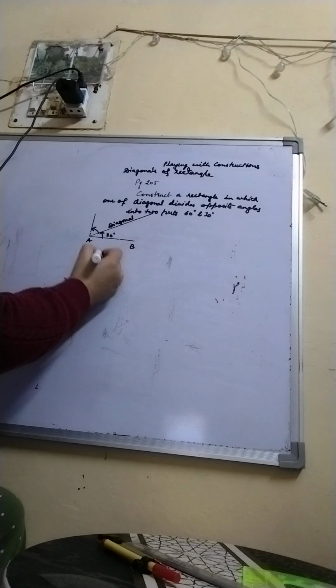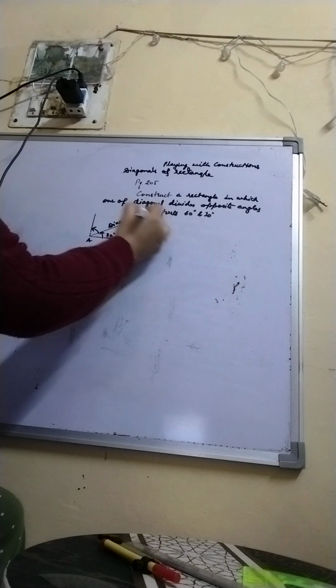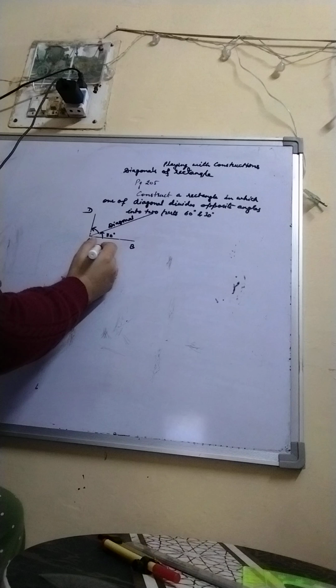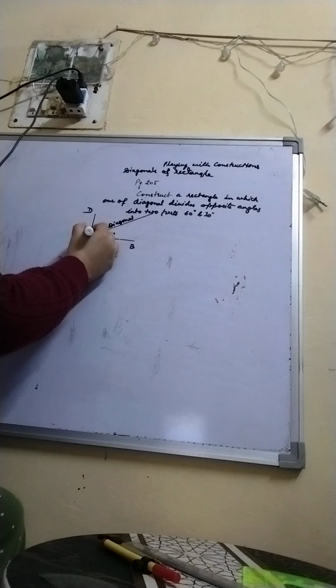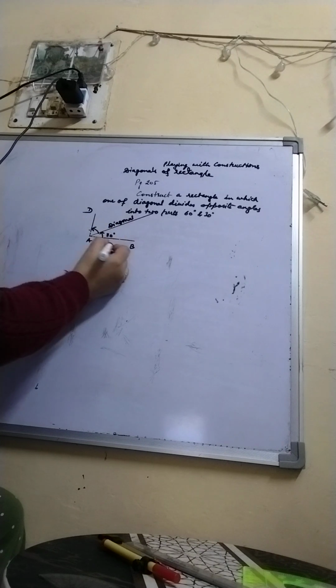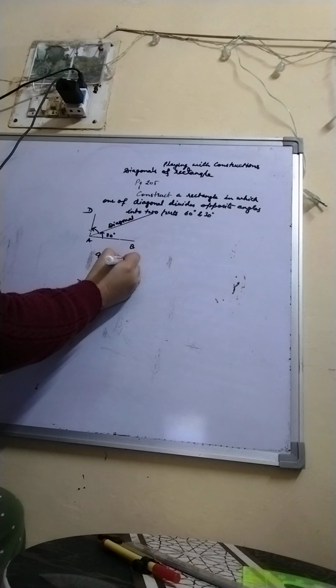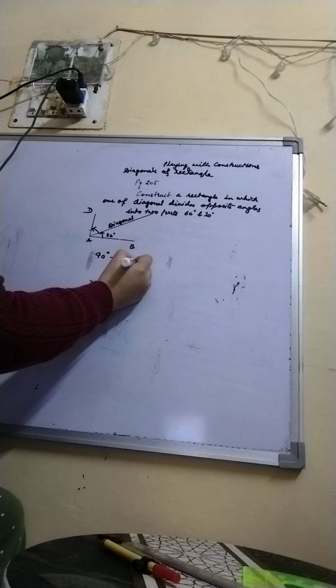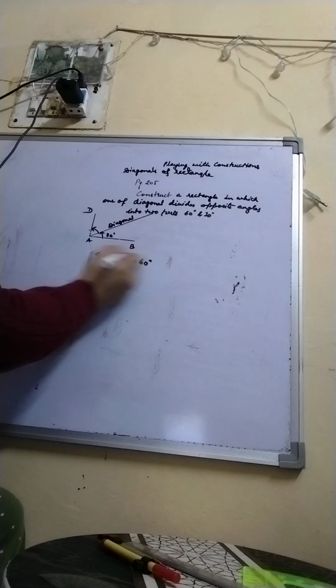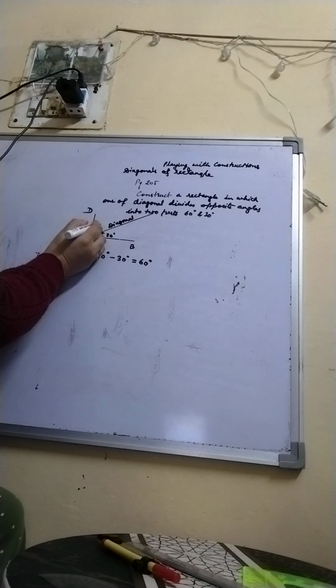If I take this as point D, 90° was the total angle. You know it is a right angle. If I subtract 30 from 90, I will get the other angle as 60°. So this angle would be 60°.